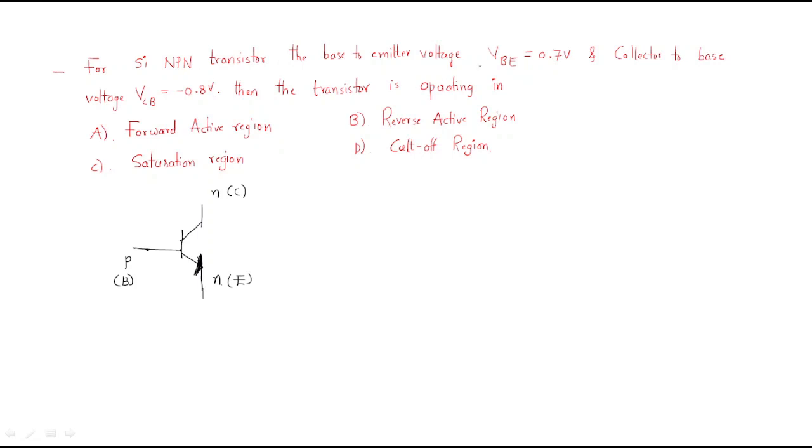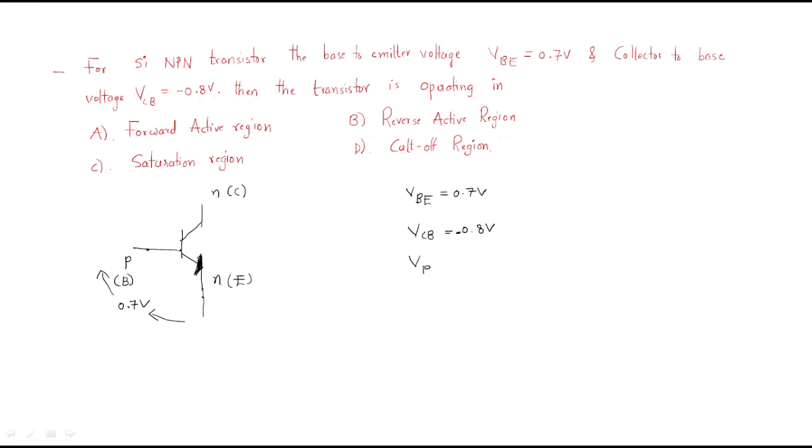And he mentioned base to emitter voltage equals 0.7 volts. Look here, this is the base to emitter voltage, so this voltage is 0.7 volts. And the collector to base voltage VCB equals minus 0.8 volts, as given.